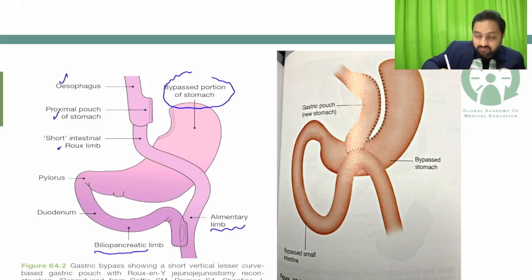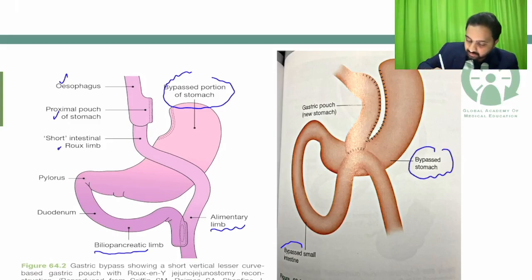So over here, in a Roux-en-Y gastric bypass, a short bypass has been made between the ileum and the alimentary limb, right? And on the other hand, over here is again your bypassed stomach, and this is your bypassed small intestine, and this is your new gastric pouch created.